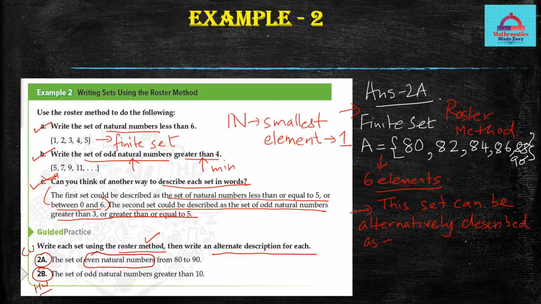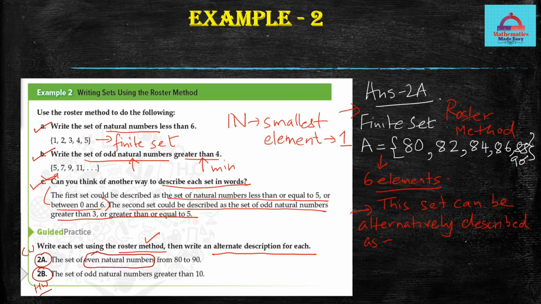So let's see what other description we can give. So here the minimum we have to keep at 80, the maximum we have to keep at 90. Maybe we could just say that this is the set of all even numbers between 80 to 90. Yeah, and we are taking what kind of even numbers? We are taking even natural numbers.